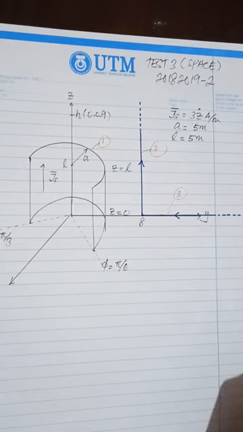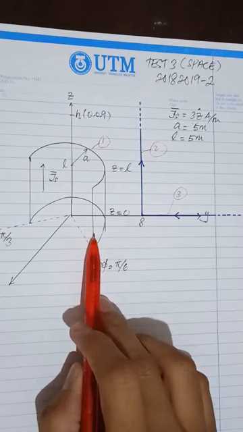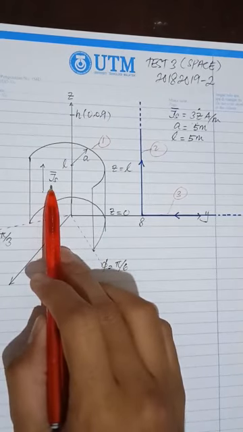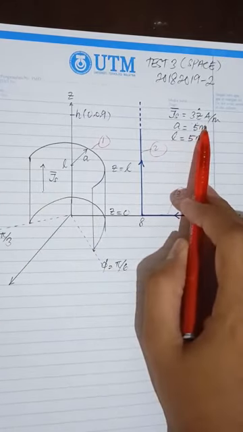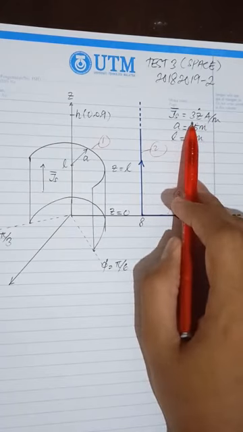So if you read the question, we are actually given three types of current. The first one is our surface current density, Js, as shown here, going along the positive z-axis with a given magnitude.